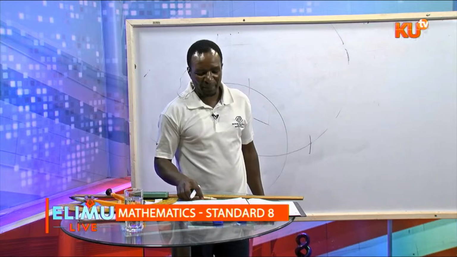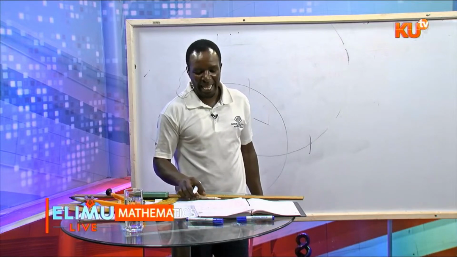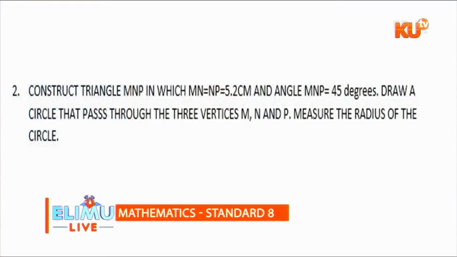Draw a circle that passes through the three vertices M, N, and P. Measure the radius of the circle.